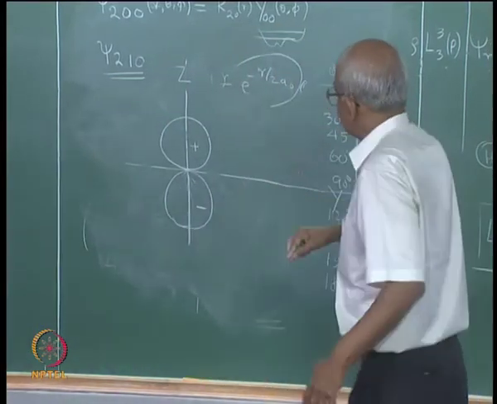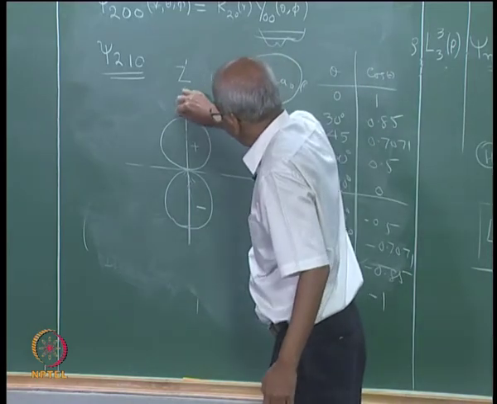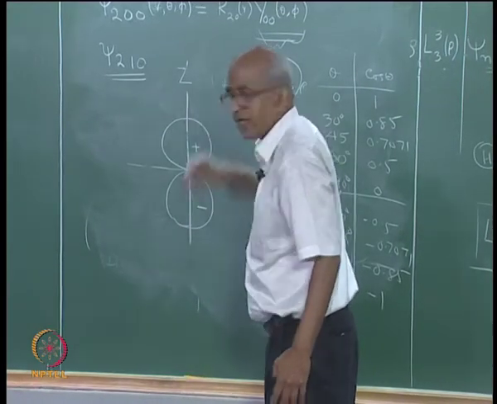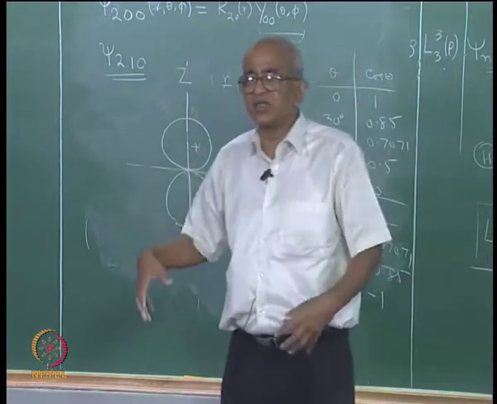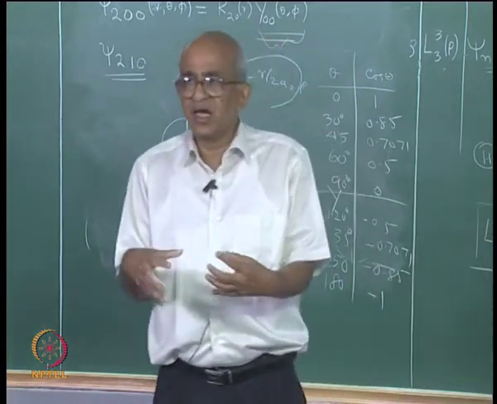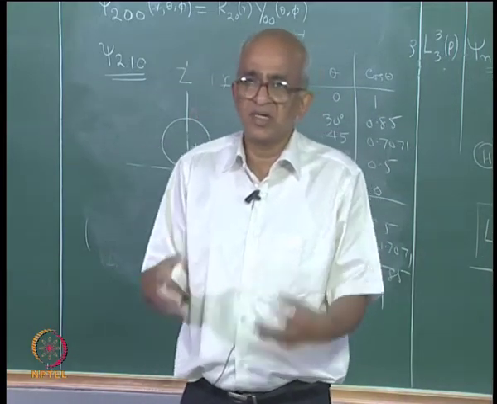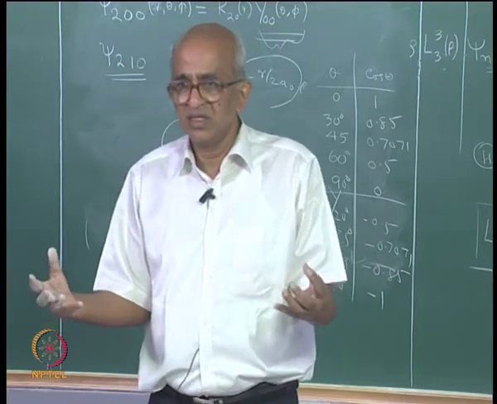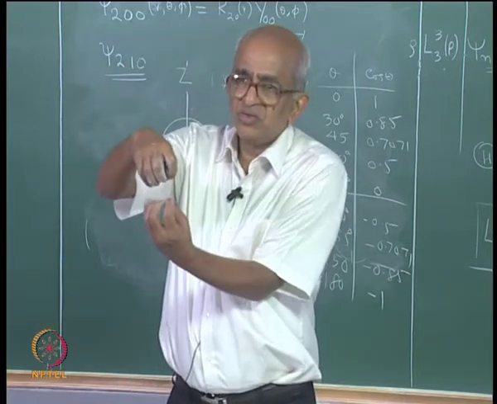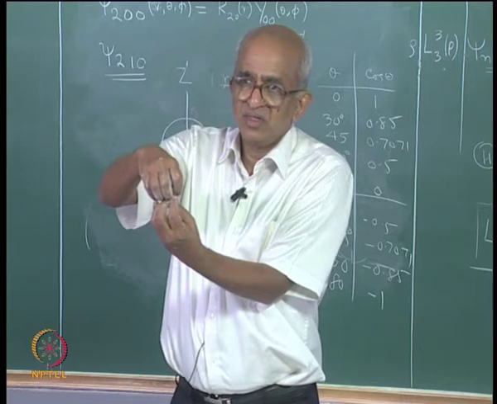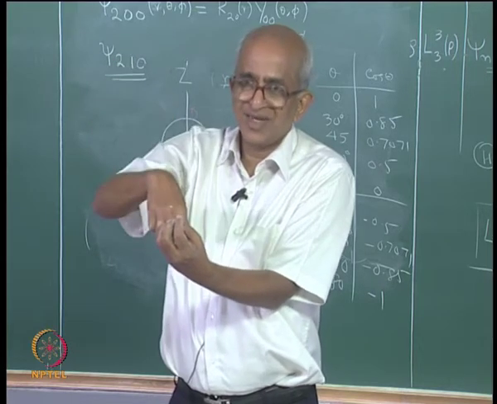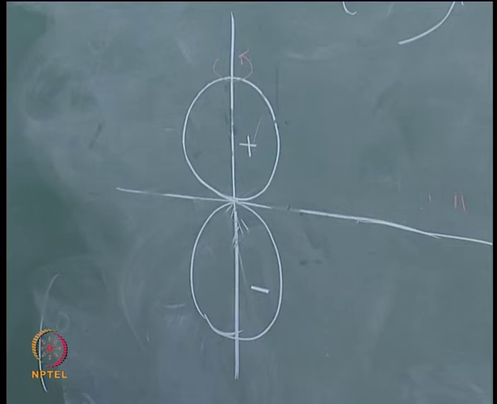You have to take this figure and rotate it about the Z axis. If you rotated this figure about the Z axis, you will get the actual 3-dimensional appearance of the polar plot. And what is that? It is just two spheres having their origins along the Z axis, just touching each other at the origin.